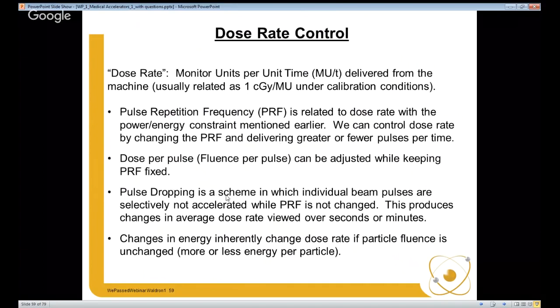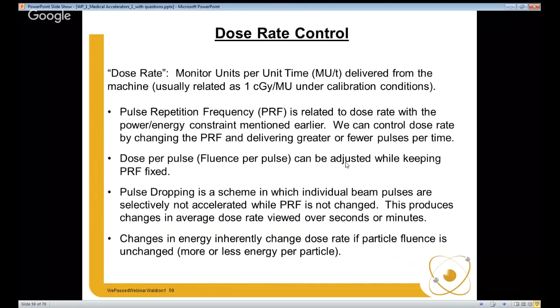Or I can leave that the same and just change whether they're both present in the machine or not at the same time. So if I separate the accelerating potential and the gun pulse from each other in time and make them non-coincident, I will not get an accelerated beam pulse.